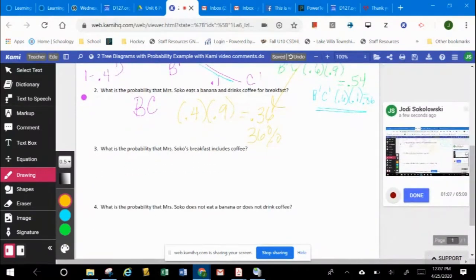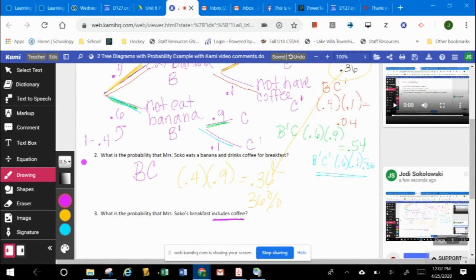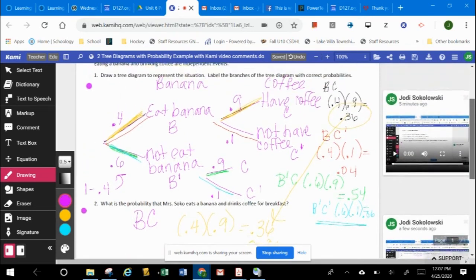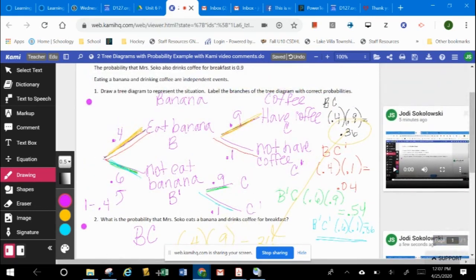What is the probability that my breakfast includes coffee? So any one of those branch combinations that includes coffee. So if I go back up, I am looking for this one because that includes coffee, not this one because it doesn't include coffee, and this one right here.